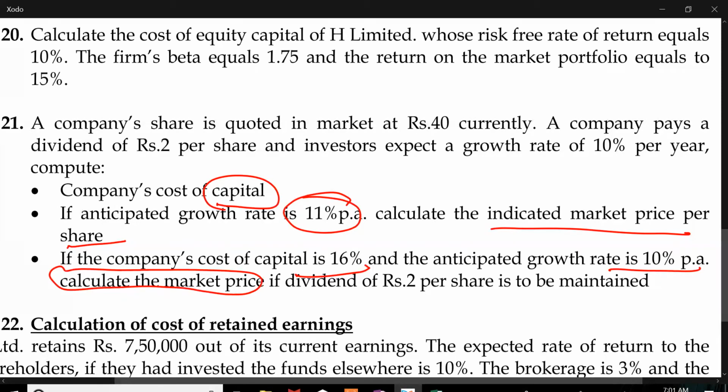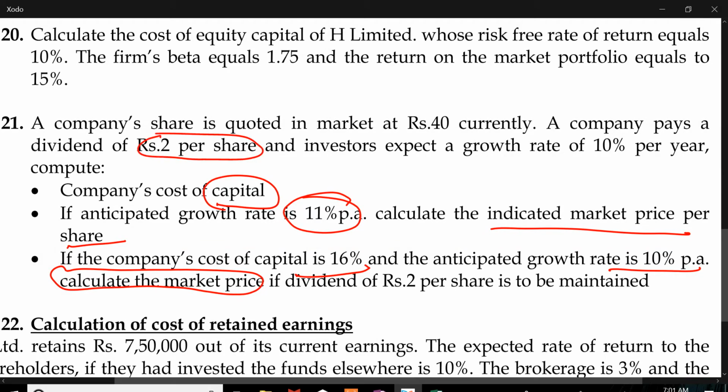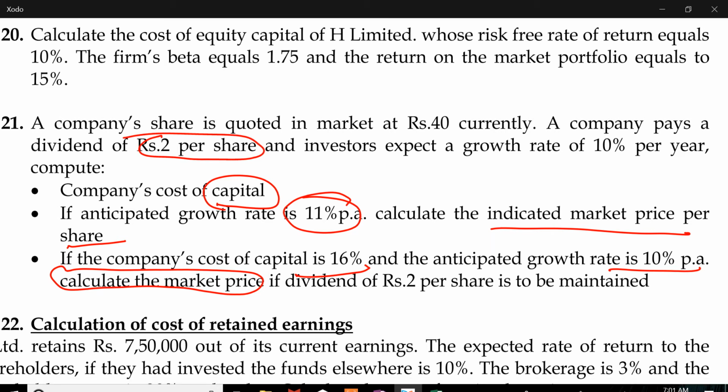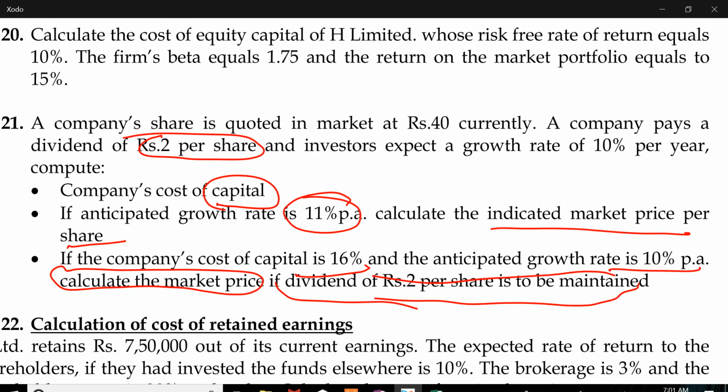Now the only important assumption is this 2 rupees which is given in the question, is it D0 or D1? Ideally it is D0, that's what I would prefer, but last line of the question, dividend of 2 per share is to be maintained, which maybe they are indicating that it is going to be paid in some 6-7 months time, and it's kind of a futuristic dividend.